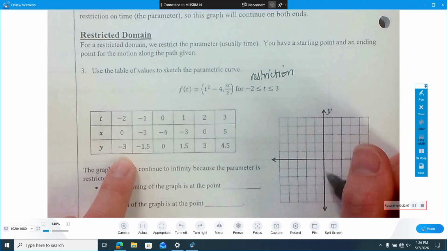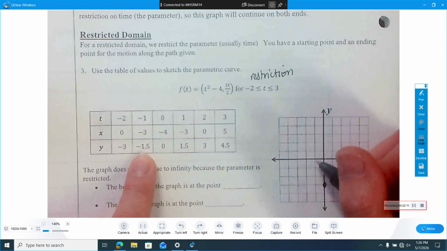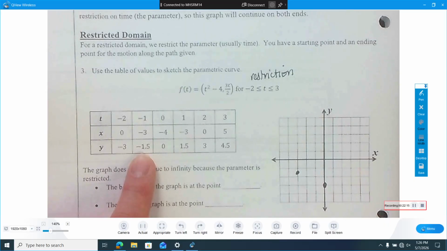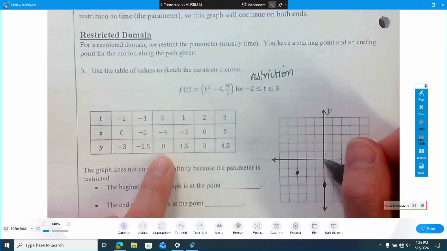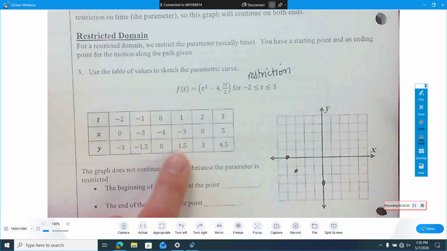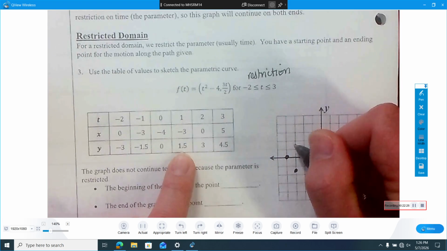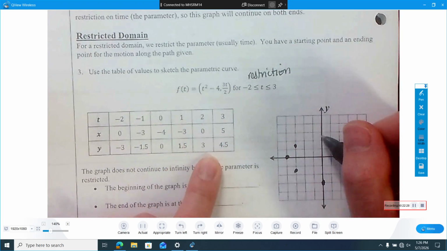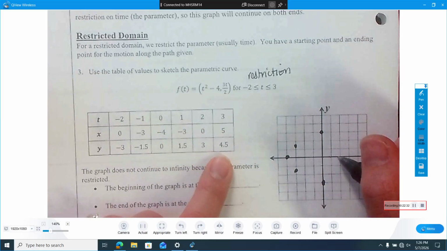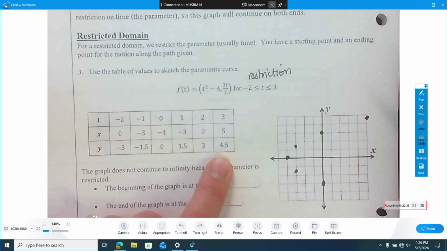So 0, 1, 2, -3. And then -3, -1.5. We have -4, 0. We have -3 up 1.5. We have 0 up 3. And then we have 5, 1, 2, 3, 4, 5 up 1, 2, 3, 4.5.